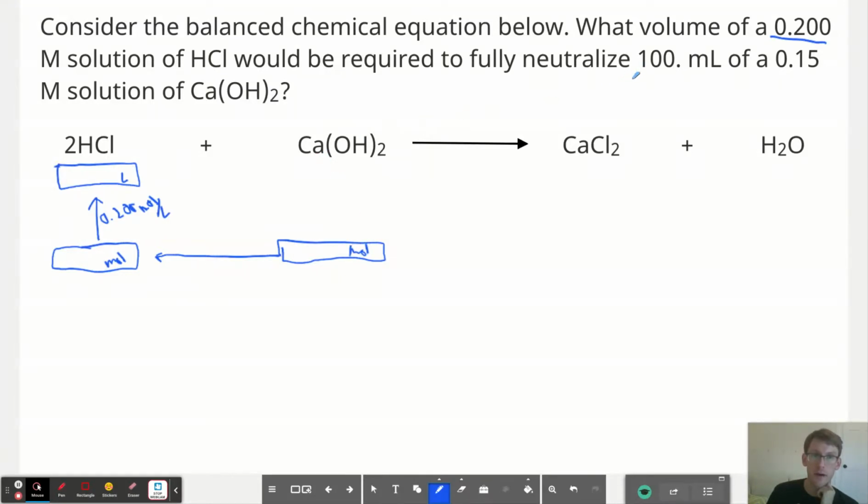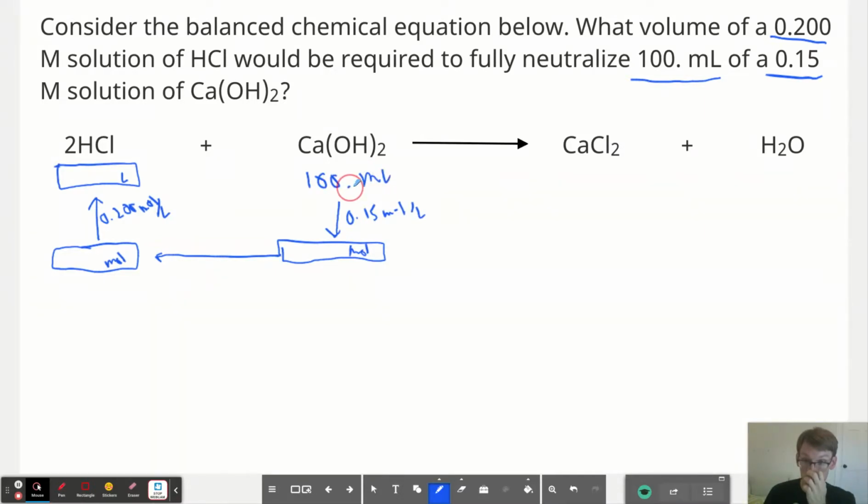Well, I do. I've got 100 milliliters, and the 0.15 molar is going to be my conversion factor to get there. So 0.15 moles per liter. And again, my starting point is 100 milliliters.